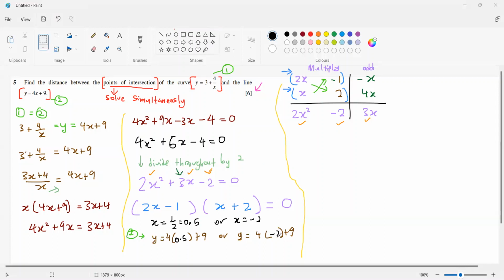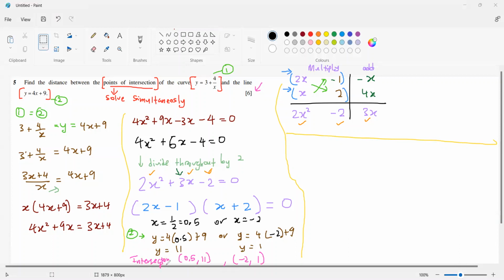So from which we get the value of y should be 11. Oh, here is 9 minus 8, right? 1. So we have our two coordinates ready from this point onward. That means the two coordinates are 0.5, 11, and here is -2, 1. So these are the intersection points.